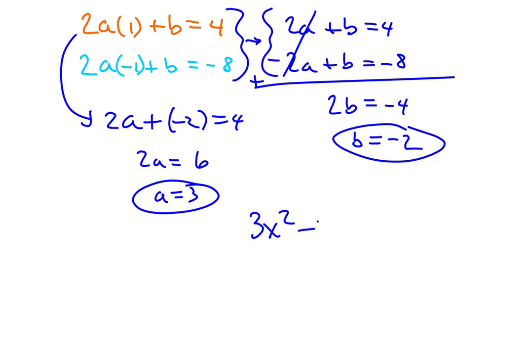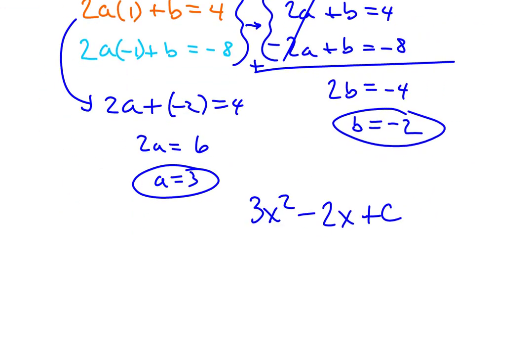B is negative 2, so minus 2x, plus c. That's f of x so far, but we know that f of 2 is 15, which is what we get when you plug 2 in for x.